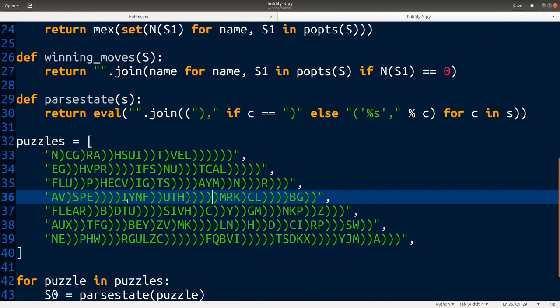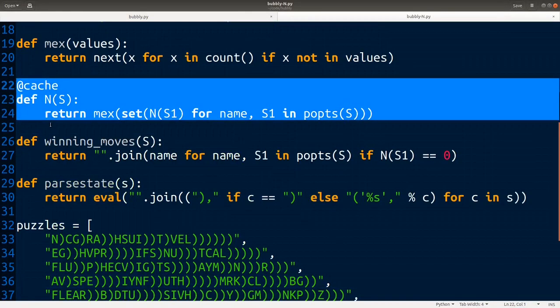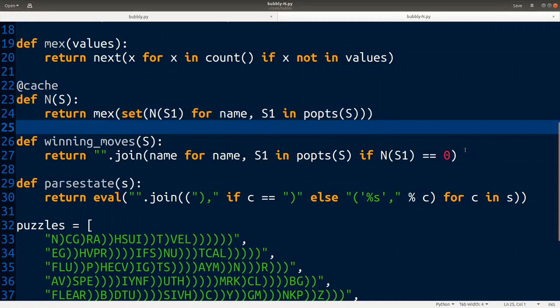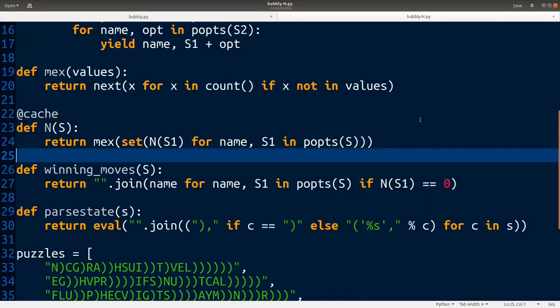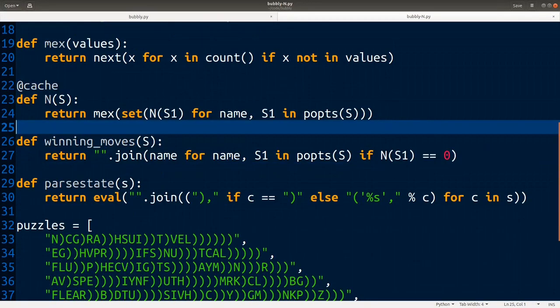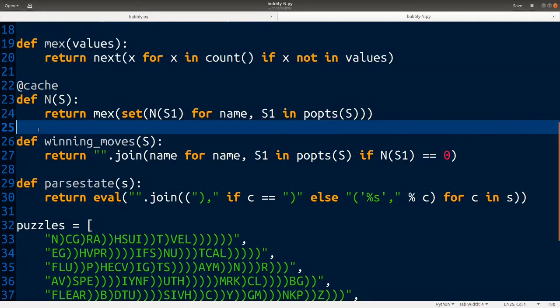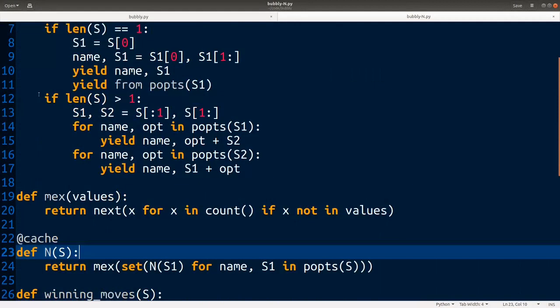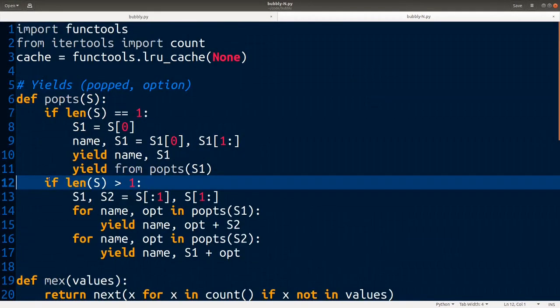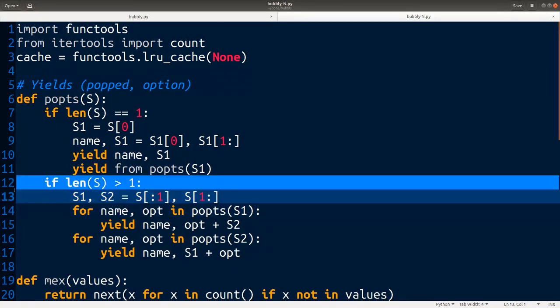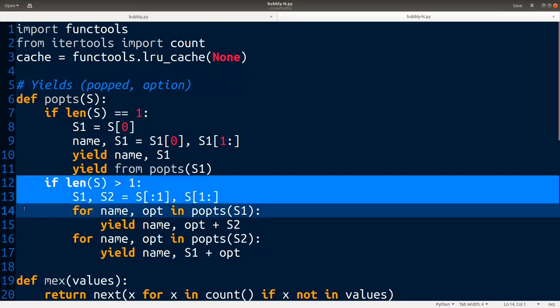So obviously, changing to nimbers by itself didn't help us. But now let's apply the Sprague-Grundy theorem. Okay, so if there are two independent states, then we can split them up and take the XOR of the individual numbers. All right, so just like we did in popts, we'll check if the length of S is greater than 1.